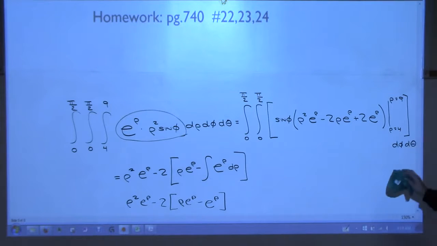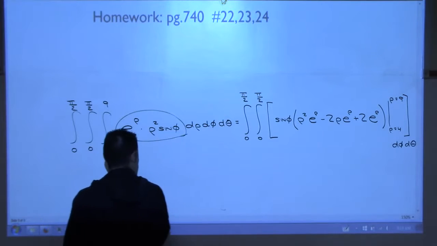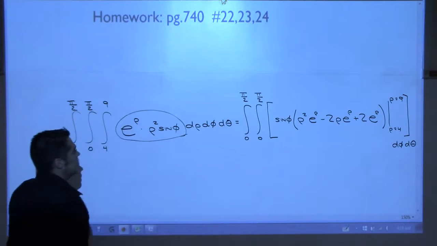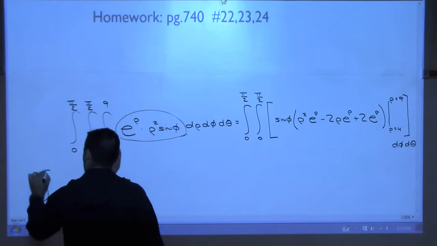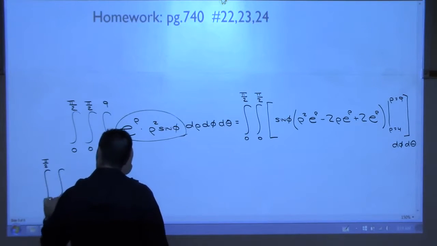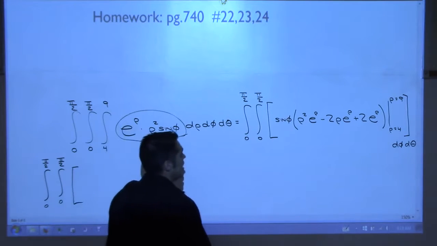So I've got to replace all my rhos with 9, and then all my rhos with 4, and then subtract. So let me try that. This is going to be the integral from 0 to pi over 2, integral from 0 to pi over 2. All right, let's plug in 9 for rho.